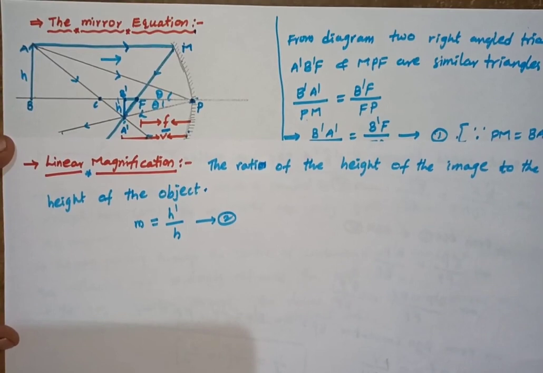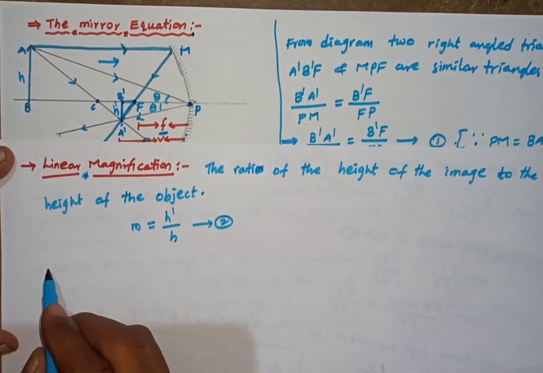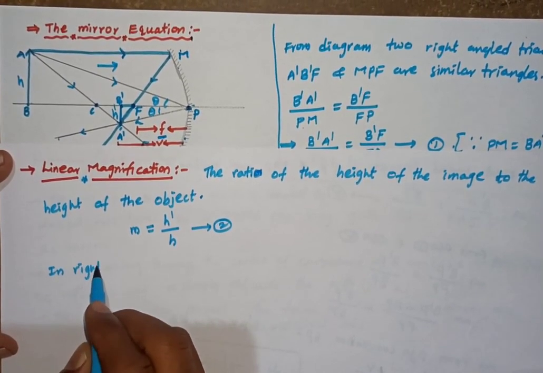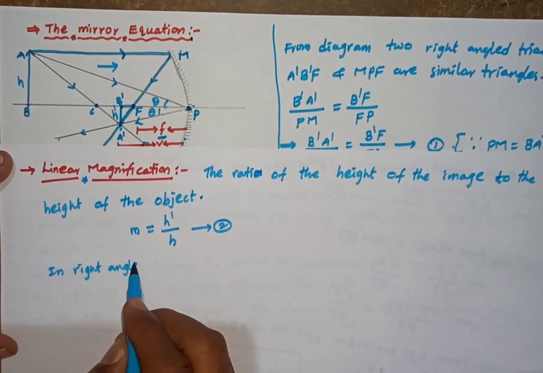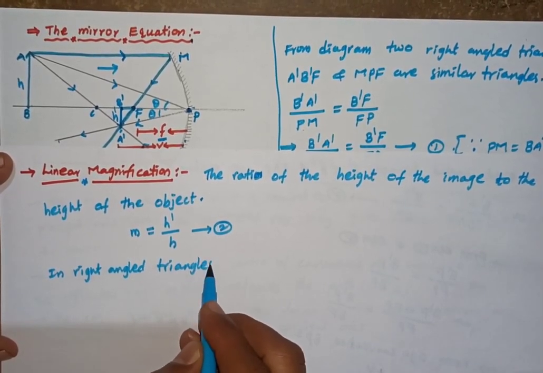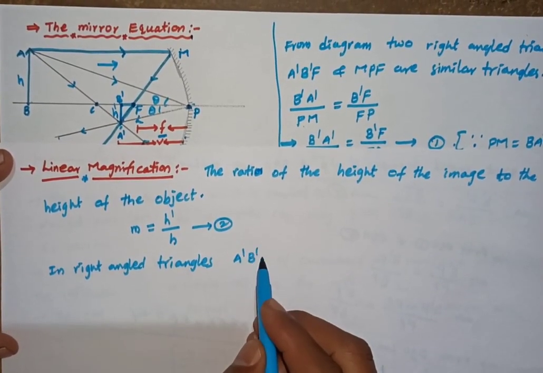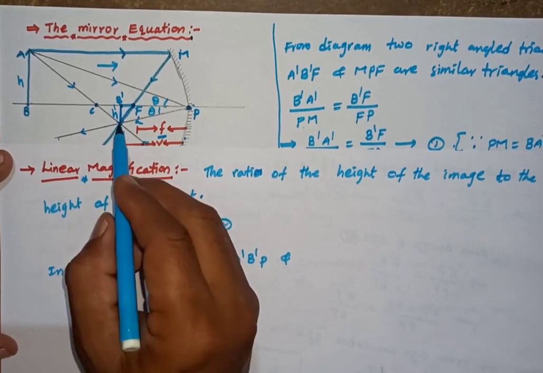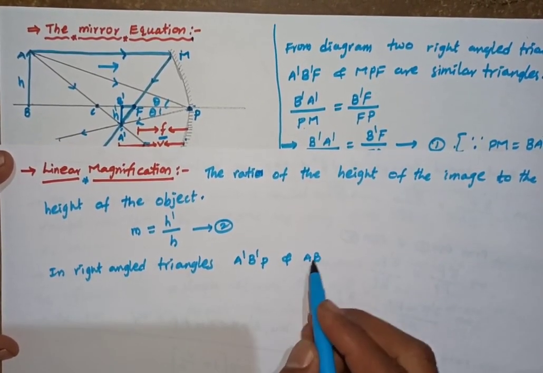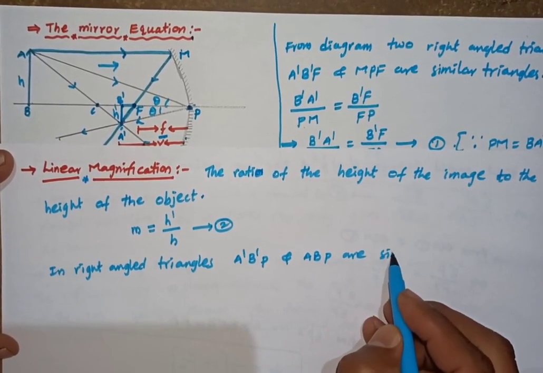So now in right angle triangles, A'B'P and ABP are similar triangles.